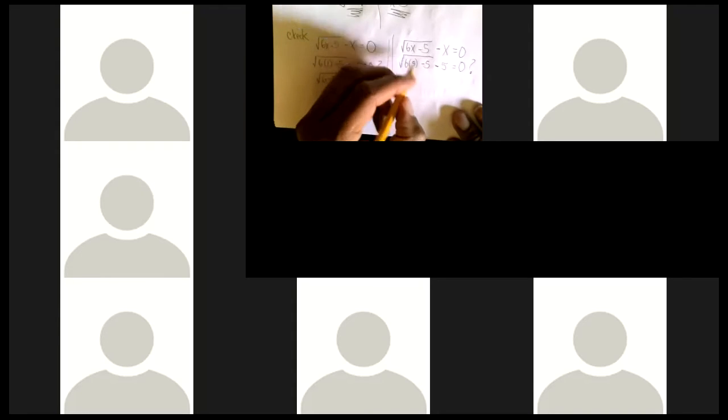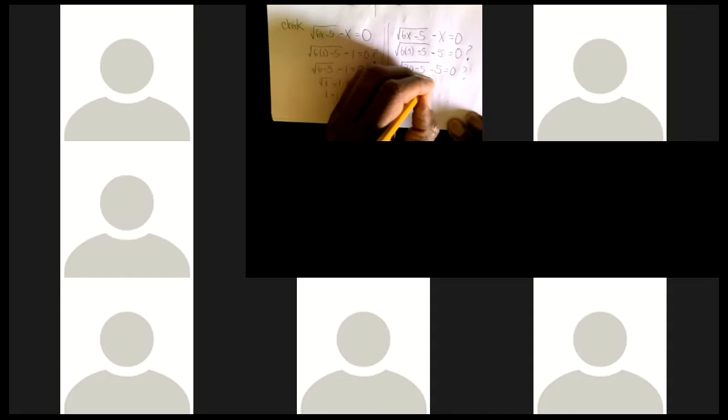So this is 30 minus 5, the square root of 25, minus 5. Is that 0? Well, square root of 25 is 5, and 5 minus 5 does equal 0.